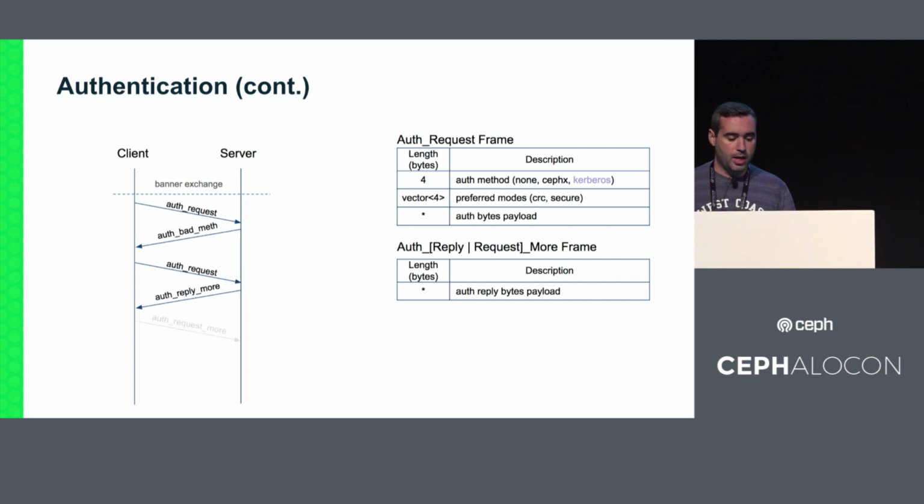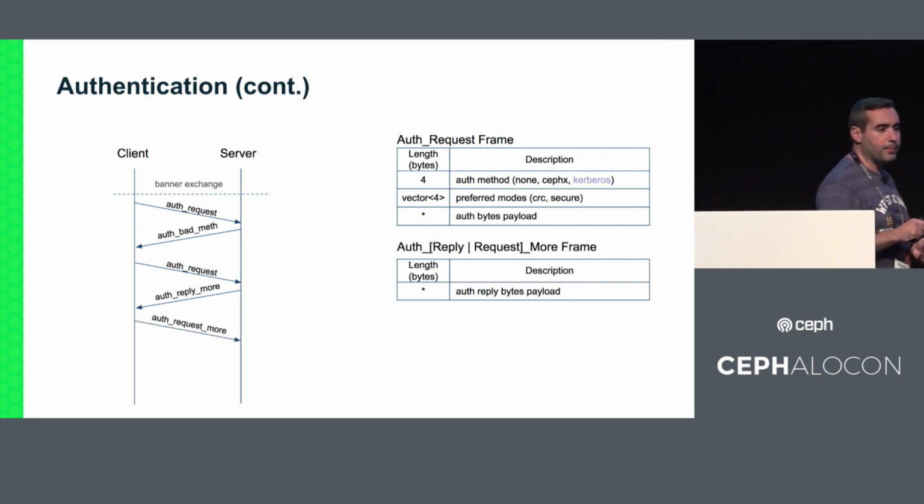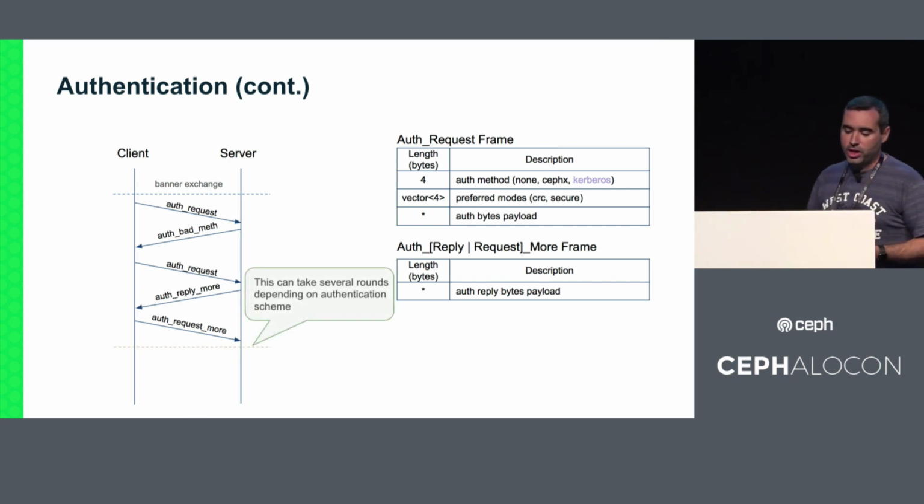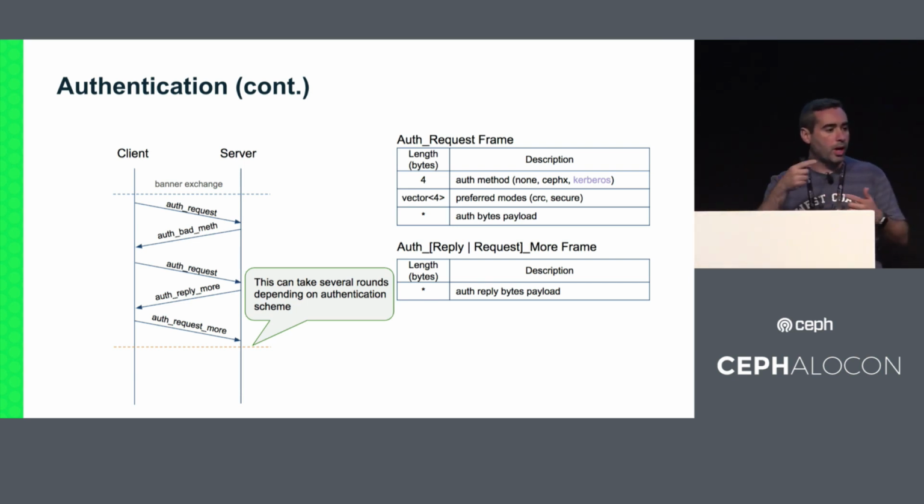The client can then send another auth request more, and we can go back and forth as many rounds as we want. This allows us to plug in different authentication schemes that have more or fewer rounds.